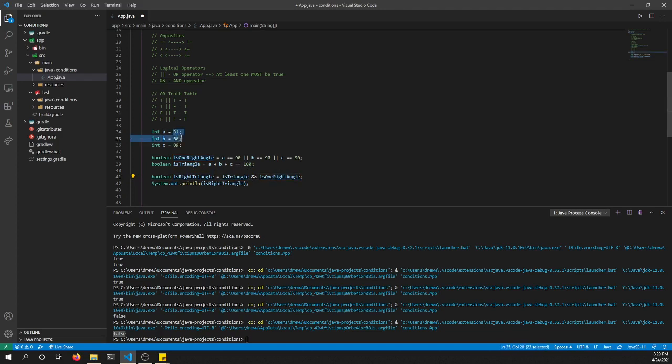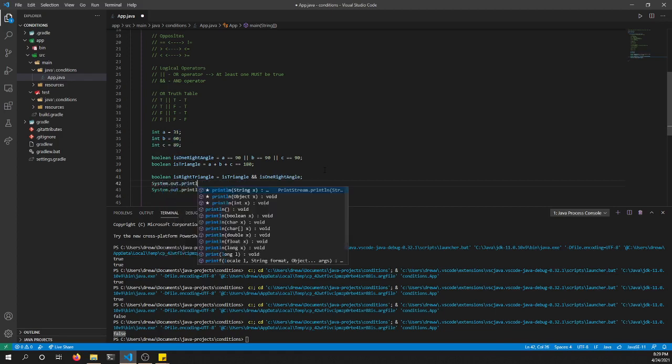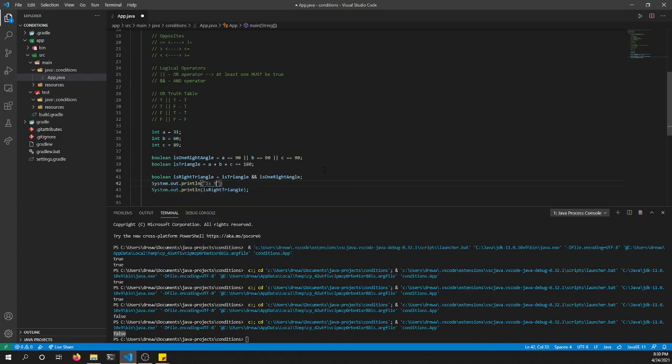Well, we're going to break up our print statements a little bit and see what exactly is happening here. So is it a triangle? It's going to be based only on the is triangle.